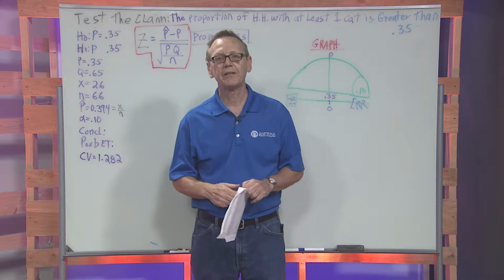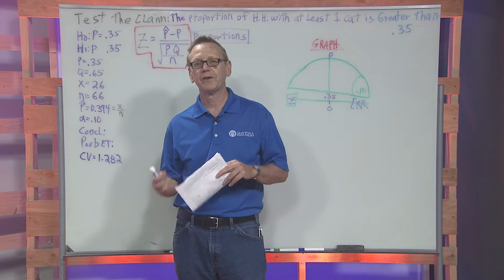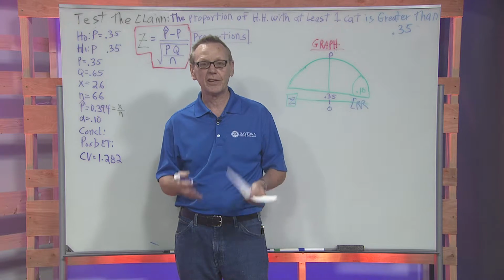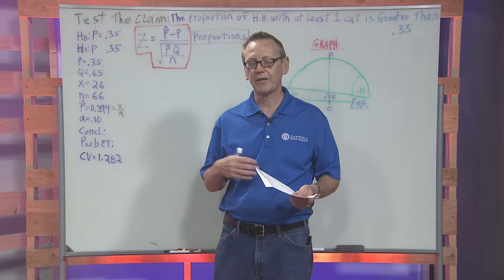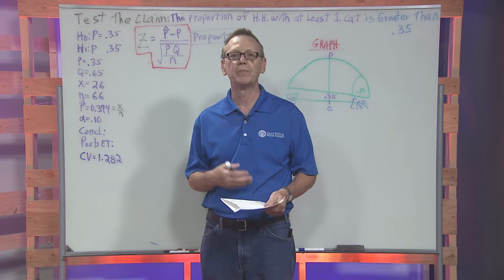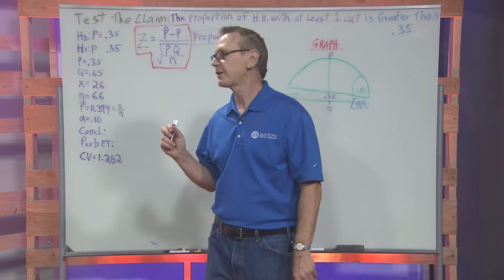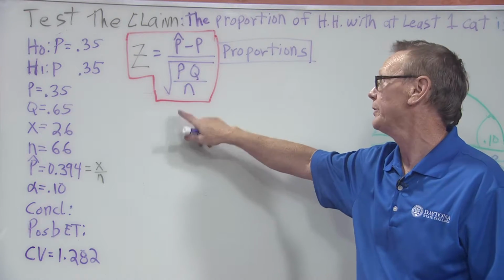Proportion data is any data that's a percentage or a proportion. An example is the favorability rating of Congress, or the percentage of people that are pro-choice. If you have data best described as a percent or a proportion, then you pick the hypothesis test statistic formula for proportions.